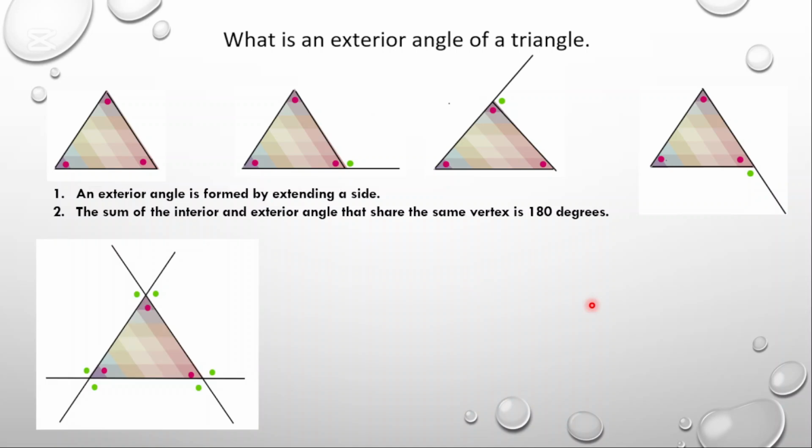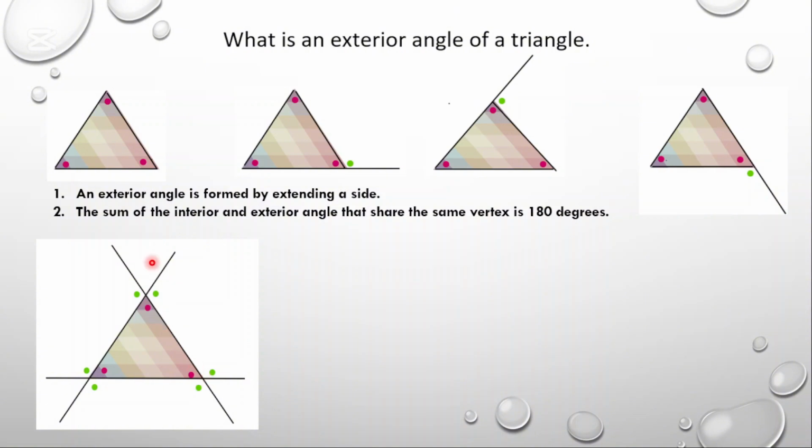In this figure, I extended all three sides of my triangle, all three sides. Immediately you can see 1, 2, 3, 4, 5, 6 exterior angles, 2 by each vertex. 2 over there, 2 over there, and 2 over there.